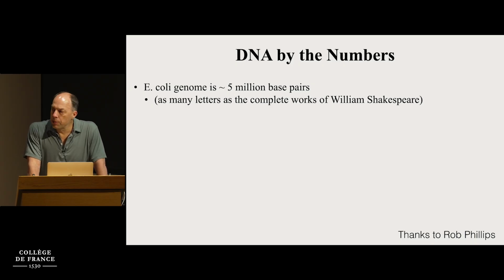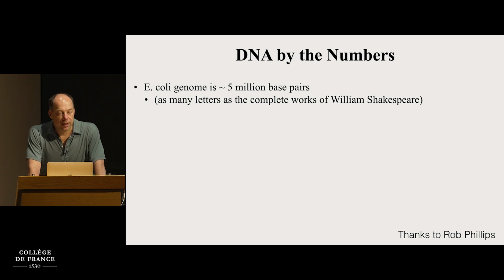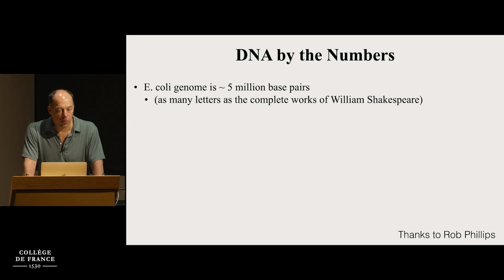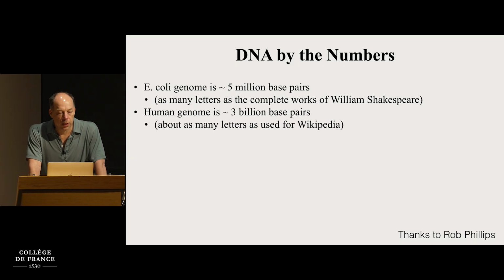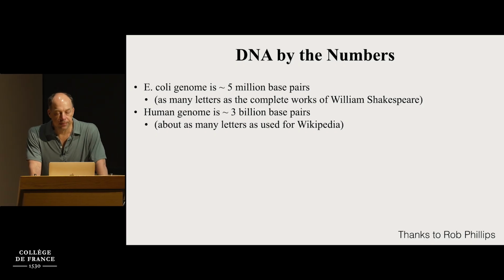That's roughly as many letters as in the complete works of William Shakespeare. If you ask how much information do you need to code the smallest, simplest free living organism people work with, it's about as much as William Shakespeare wrote. How about for humans? That's 3 billion base pairs, which is about as many letters as are used in all of Wikipedia. That's how much you need to specify a human.